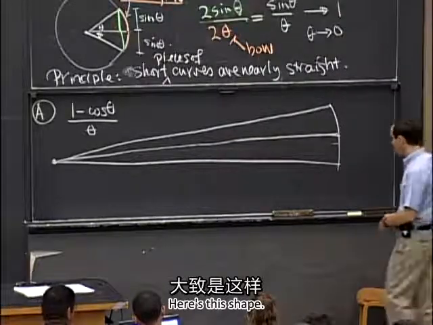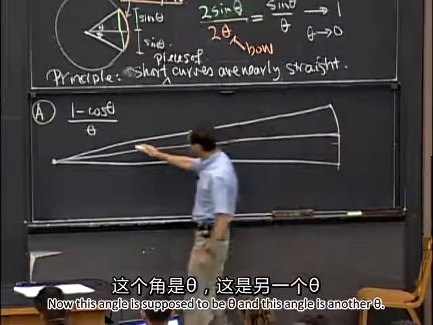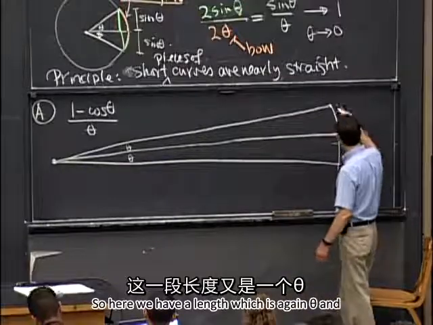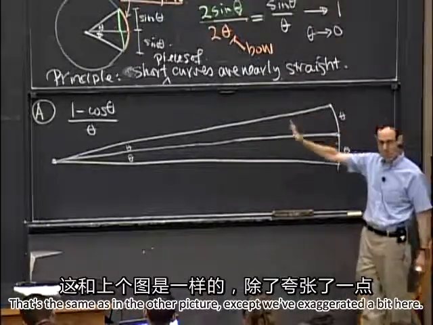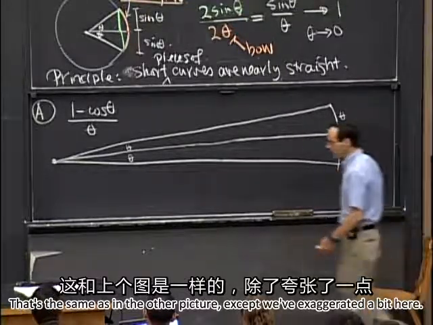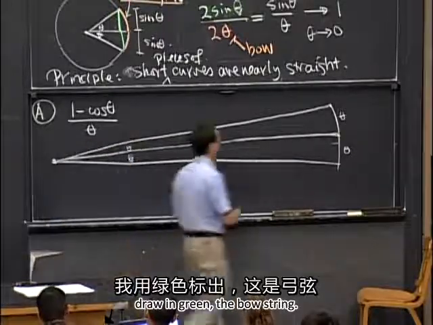Here's this shape. Now, this angle is supposed to be theta, and this angle is another theta. So here we have a length, which is again theta, and another length, which is theta over here. That's the same as in the other picture, except we've exaggerated it here. And now we have this vertical line, which again I'm going to draw in green, the bowstring.